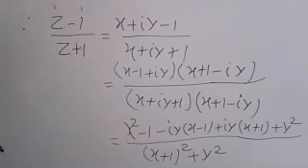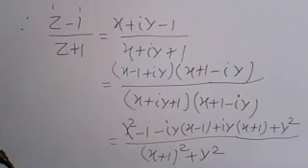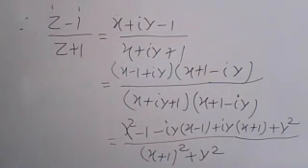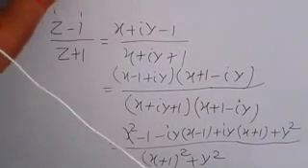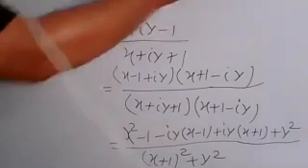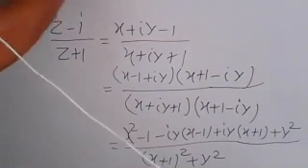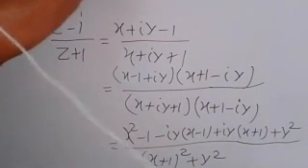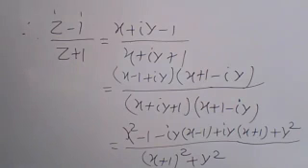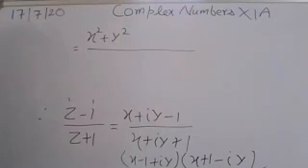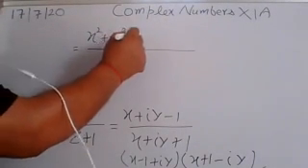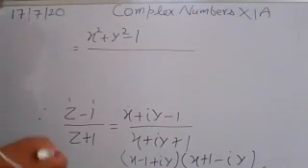If you multiply this and equate its real part and imaginary part, just check it. So the real part is x square plus y square minus 1.